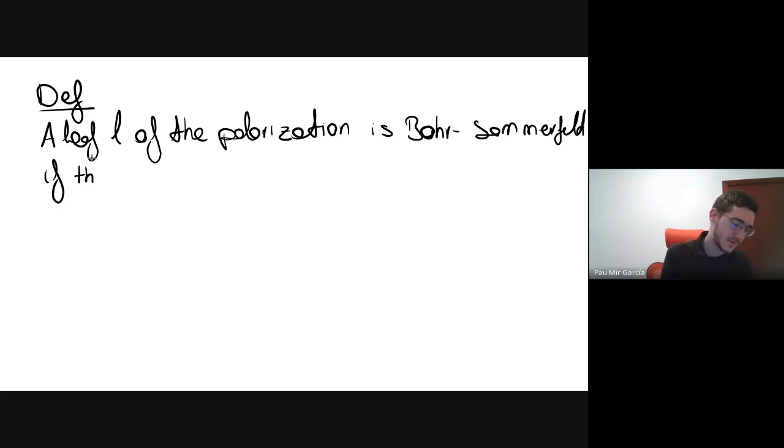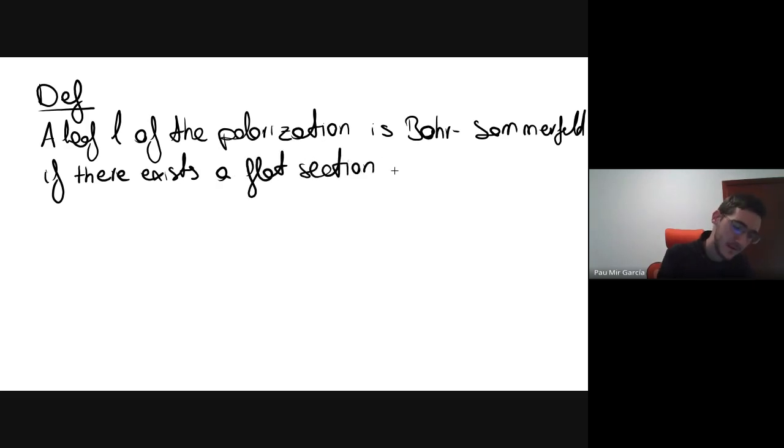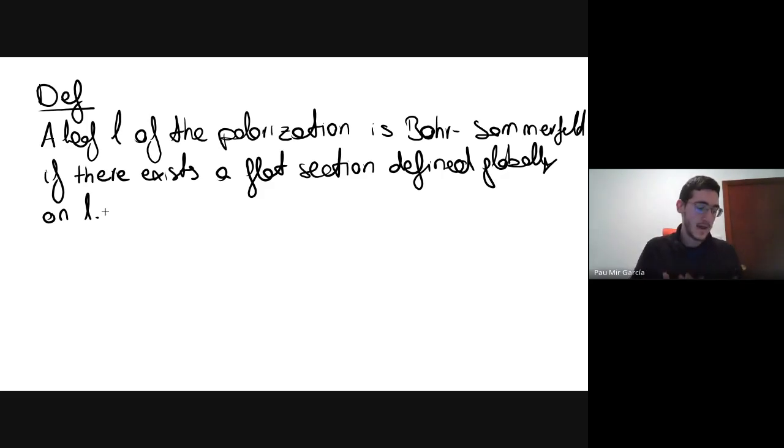So a leaf of the polarization is Bohr-Sommerfeld if there exists a flat section defined globally on L, and then we would call L a Bohr-Sommerfeld leaf. And generally, this fails in most of the leaves. We cannot find a flat section defined globally. We can always find it locally.